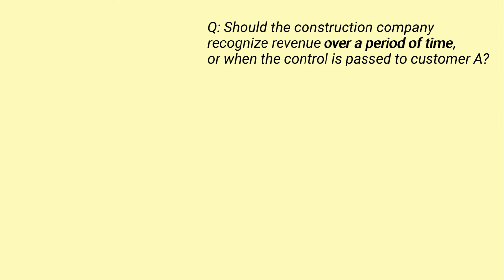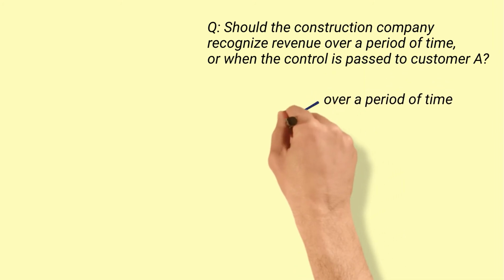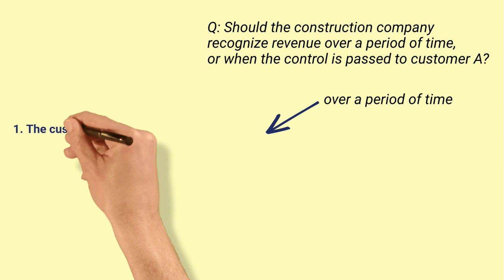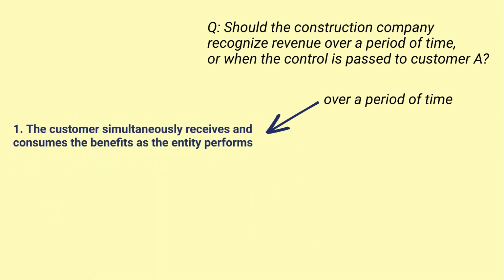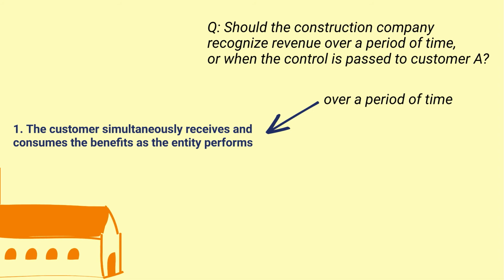Let us first look back at the factors that contribute to a performance obligation satisfied over time. Number 1, the customer simultaneously receives and consumes the benefits as the entity performs. For this first factor, the customer probably would not live in a home that is not completed.